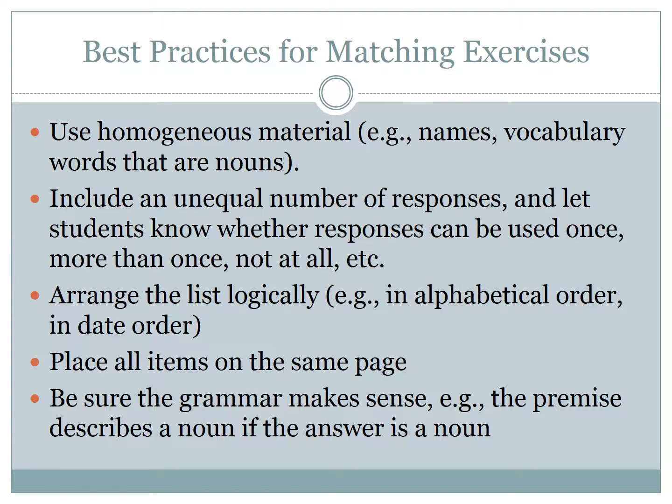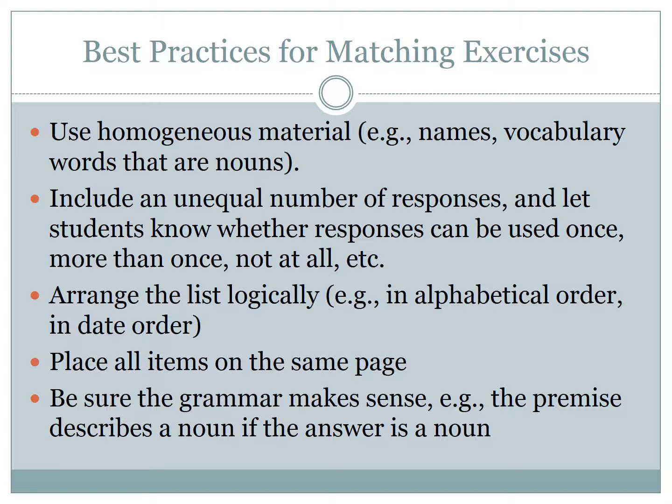Best practices for matching exercises are to include homogeneous materials. So, for example, on a Civil War test, you wouldn't mix up items that include presidents' names and battle dates and names of battles, because it would be too easy for students to guess which goes with which.